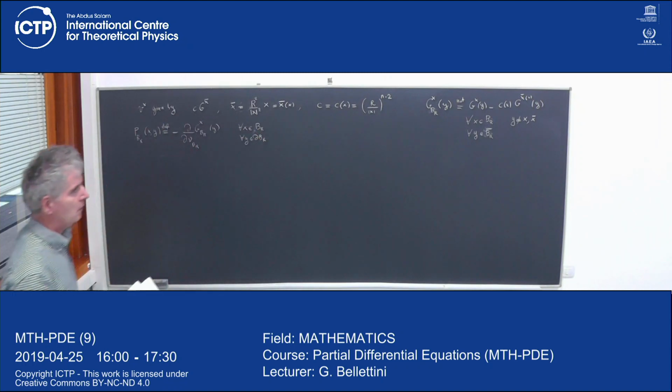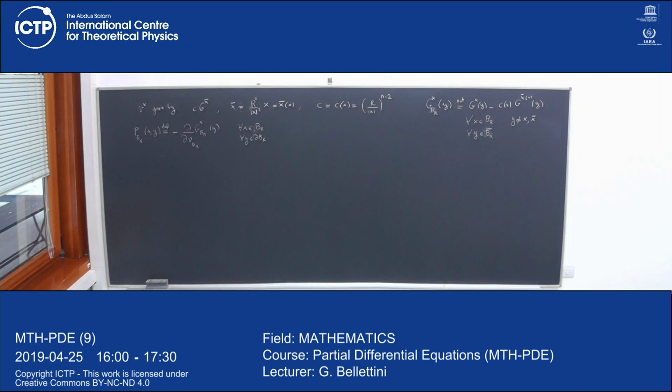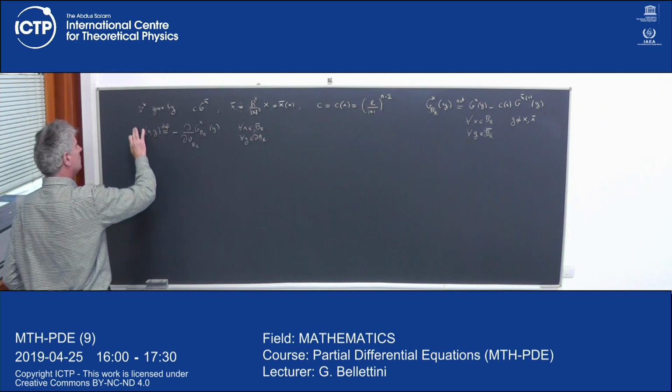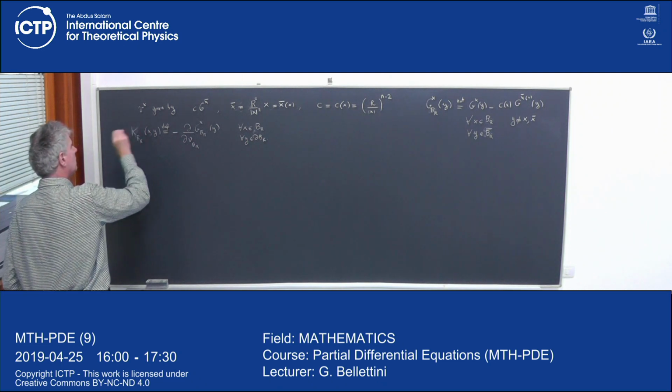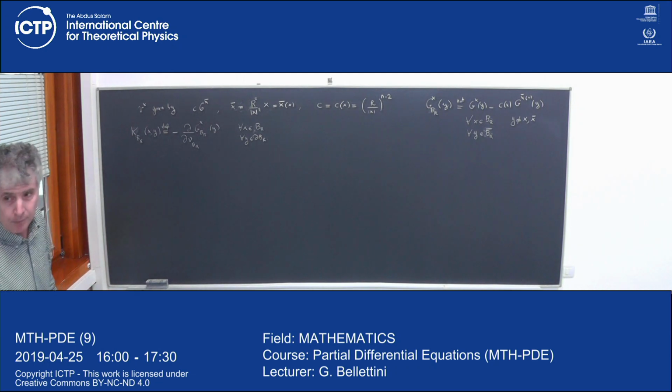We use K to denote the Poisson kernel. Sorry, K, Poisson like P K. This was K. Thank you.